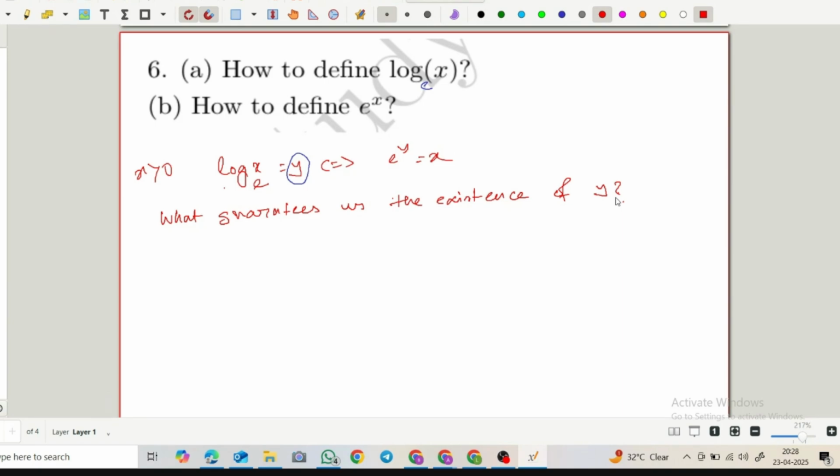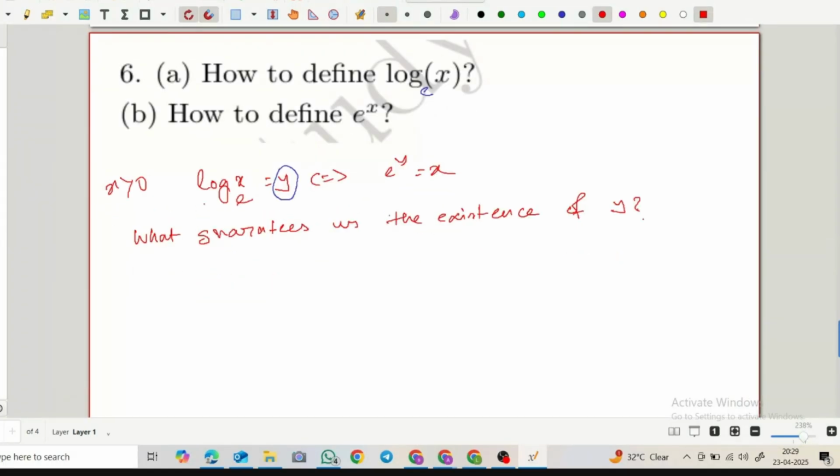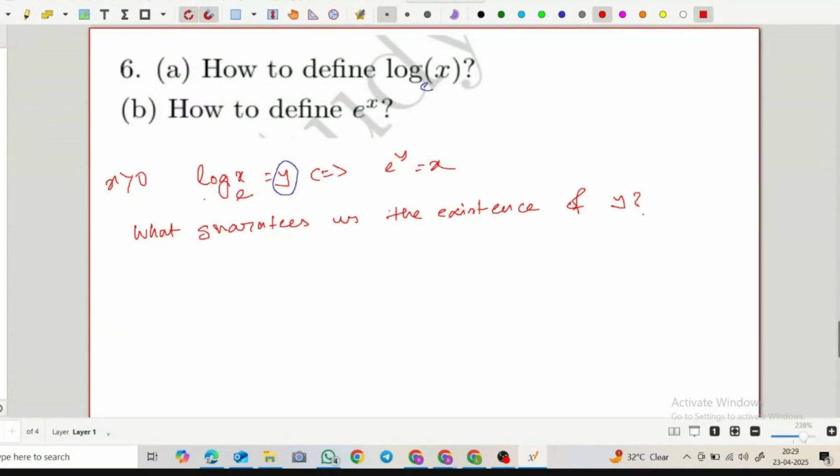So how should we define log x? Forget about the definition. Is the question clear to you guys? Because we have been using log x since class 9 probably. Suddenly, after all these years, I'm asking you how should I define it? So you are bound to get a little bit shaky. But is the question clear?